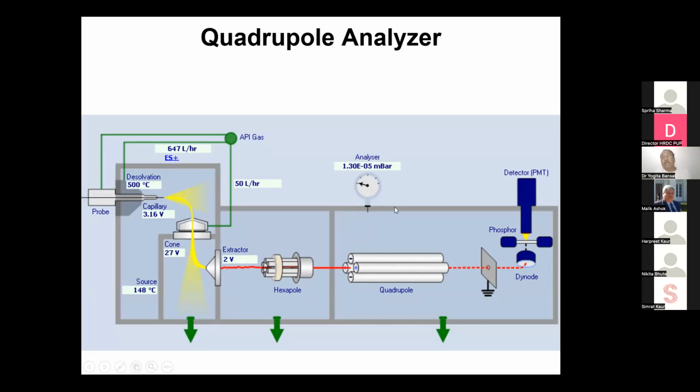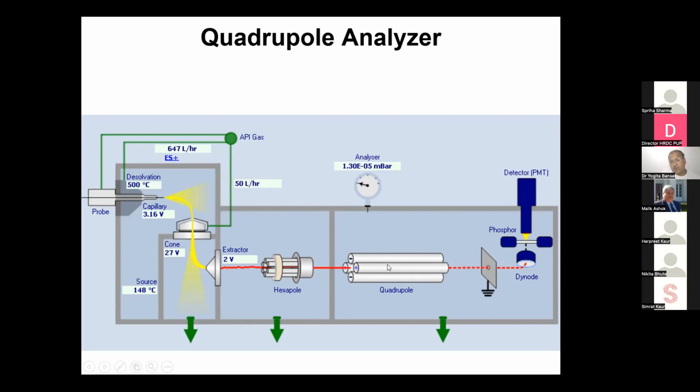It has to be under high vacuum, because if it is not, the air will collide with the molecular ions and the ions will be destroyed, so they will not reach the detector. The pressure is very, very low, 1.3 × 10⁻⁵ millibar. This high vacuum is maintained around the clock, 24 hours. The vacuum pumps keep working 24 hours in a mass spectrometer.